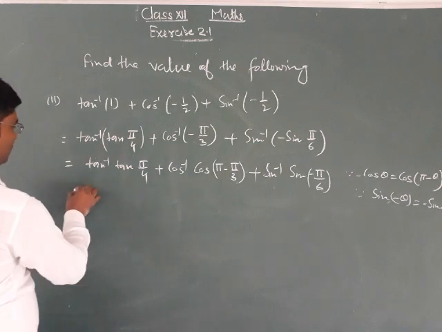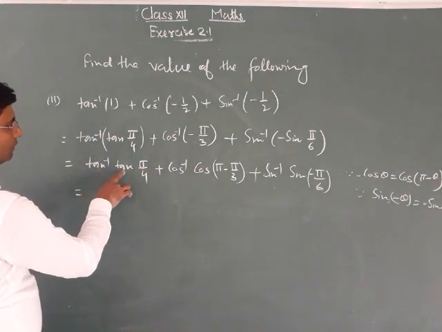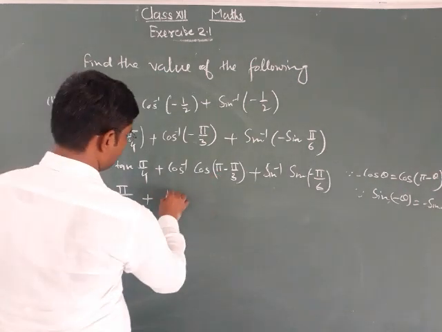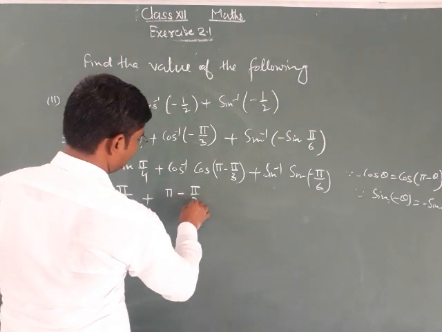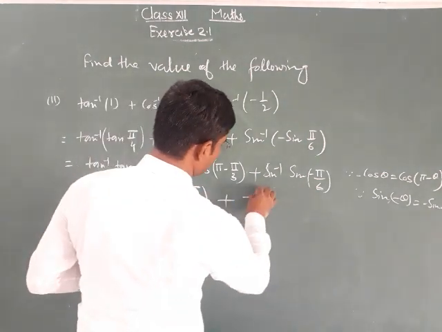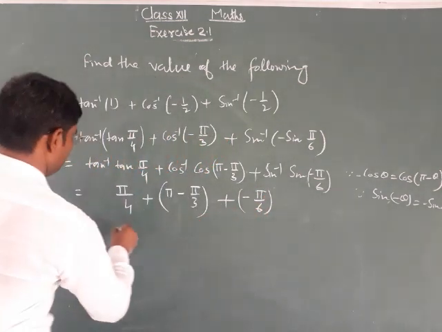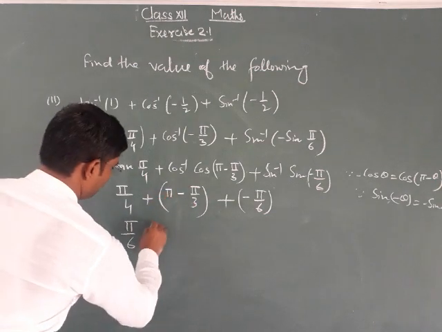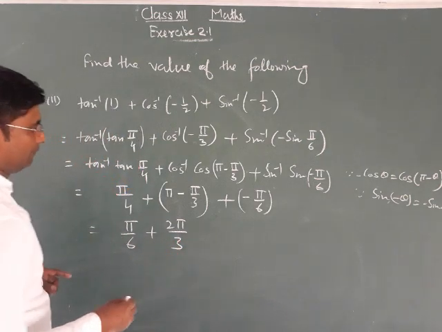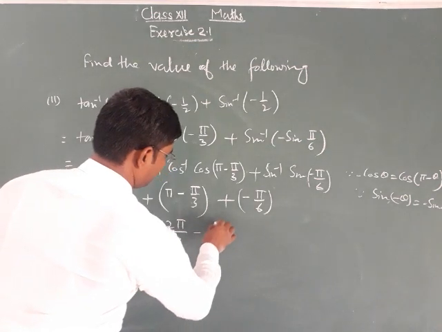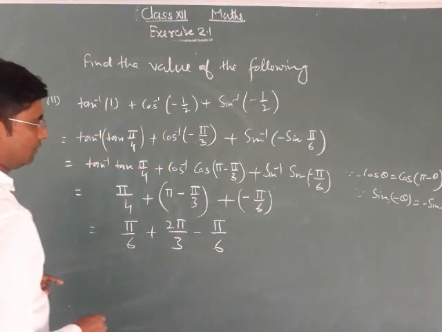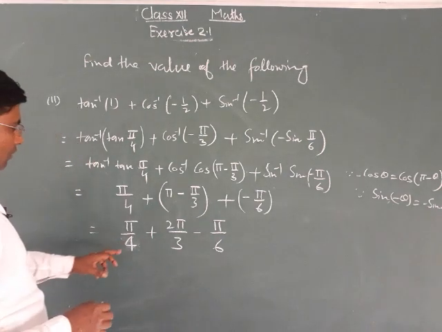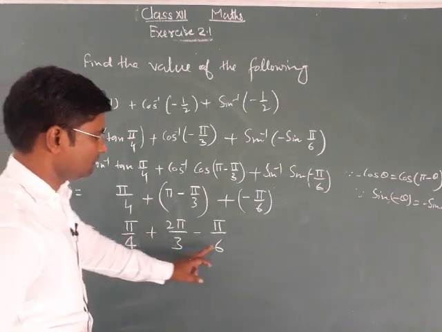So tan inverse tan pi by 4 plus pi minus pi by 3 plus minus pi by 6. So pi by 4, and pi by 3 plus 2 pi by 3, and minus pi by 6.